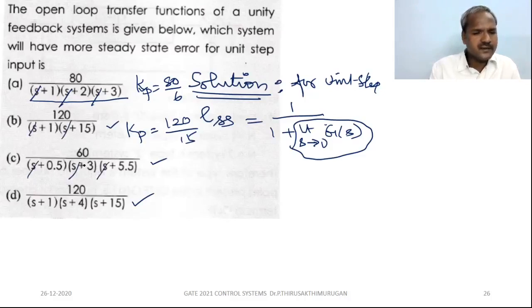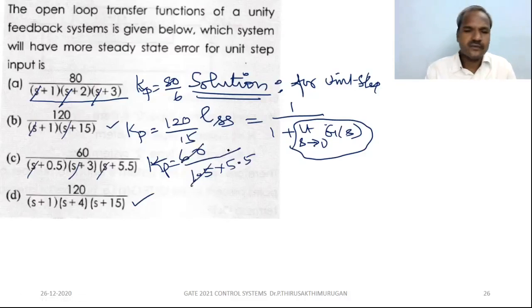So 0.5 into 3 is 1.5, 1.5 into 5.5. Kp in this case equals 60 by 1.5 into 5.5. So this becomes 40 divided by 5.5.